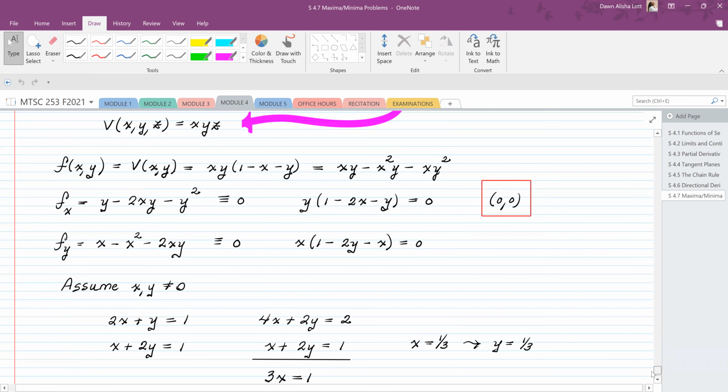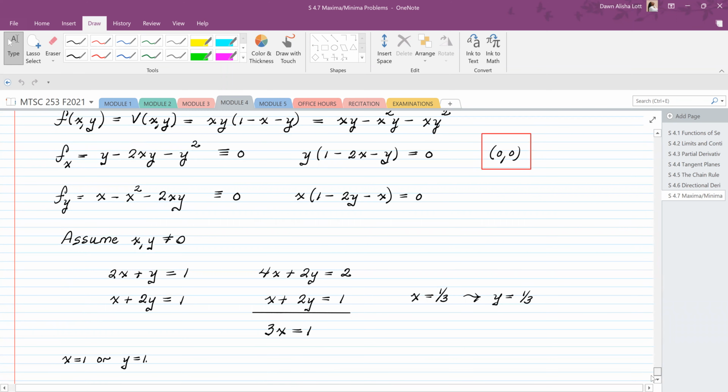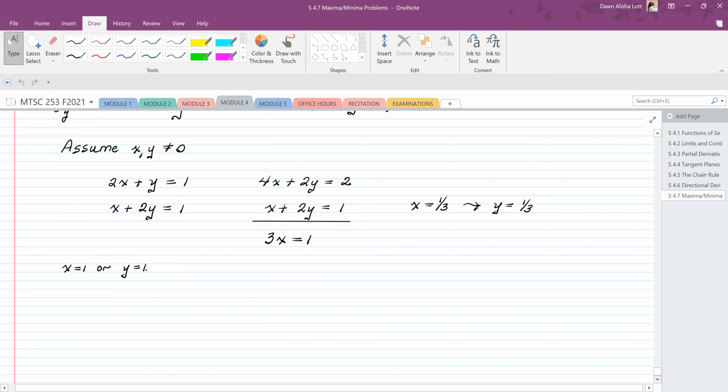And we were able to find (0, 0). And then we took those two together and we got x equals 1/3 and y equals 1/3. Okay, and so then we have this last value that we need to solve for. And that is the case.